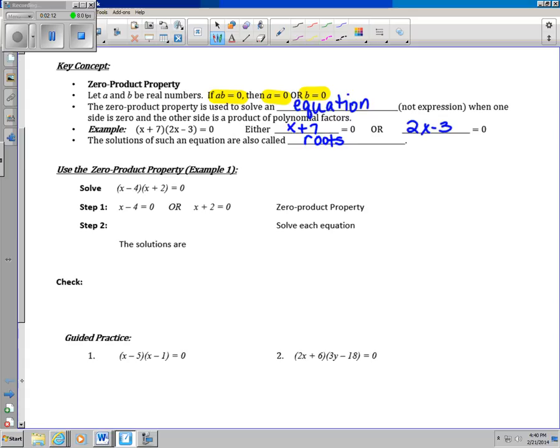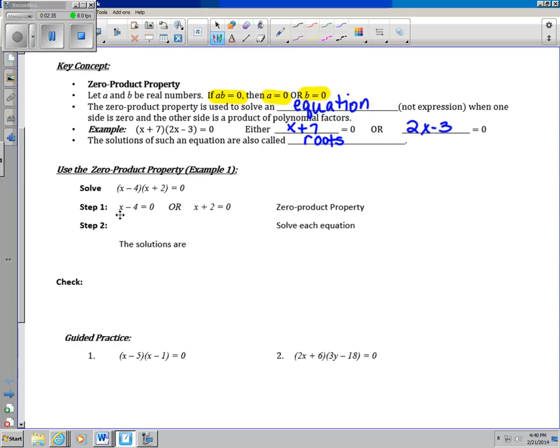For example 1, it says solve the following equation: x minus 4 times x plus 2 equals 0. Using the zero product property, we're going to set x minus 4 equal to 0, or x plus 2 equal to 0, and solve each equation separately.